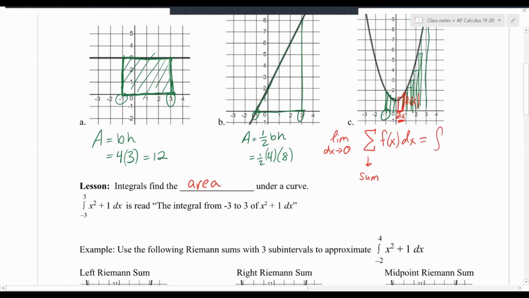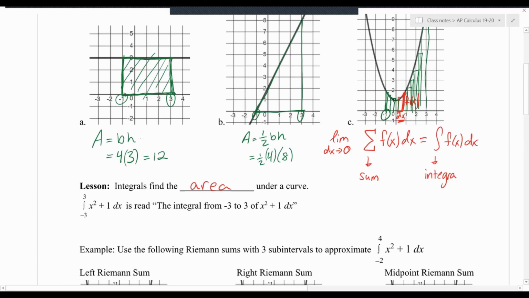And that is an integral. This sign means integral of f of x dx. So the integral finds the area under a curve.